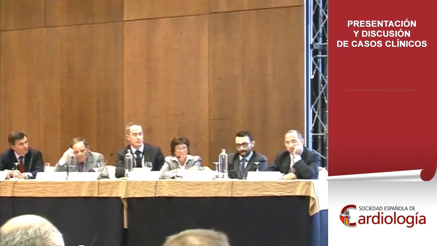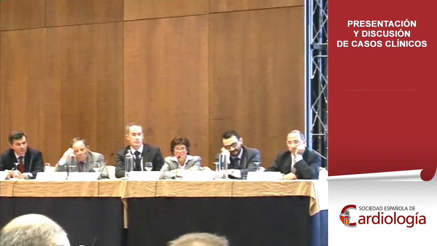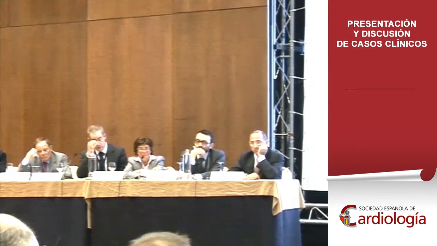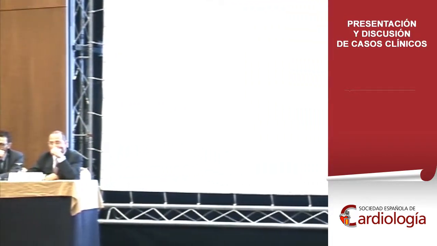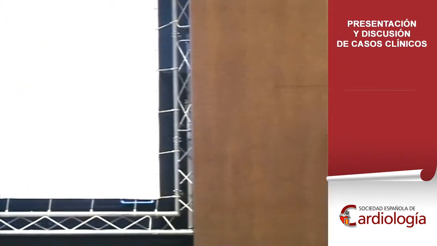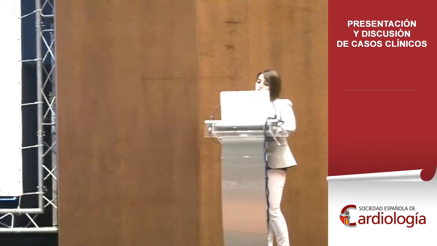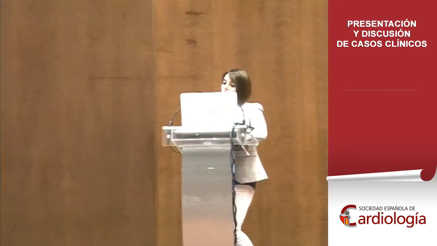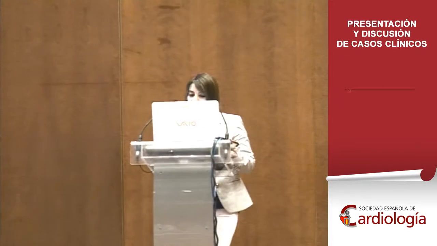Okay, so we decided to continue with aspirin and clopidogrel and repeat the angio in two to three months to see how the stents were. But unfortunately, before we did that, she was admitted again in January of this year with an anterior STEMI, Killip 2. She was not intubated this time.